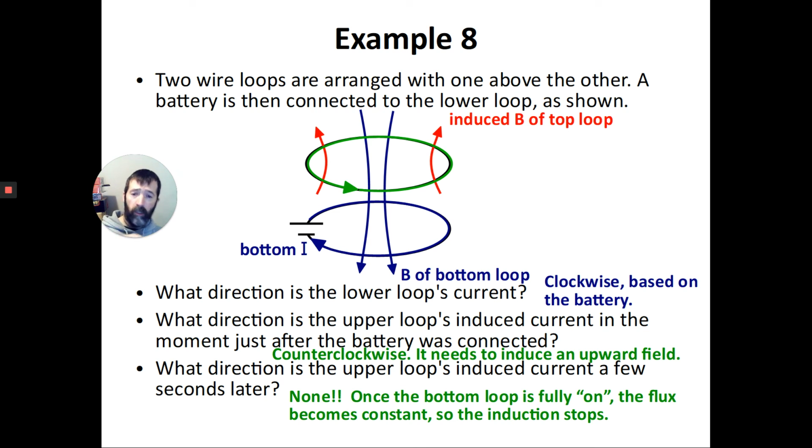So if there were an alternating current on the bottom loop instead of a battery, which makes a direct current, then the flux in the upper loop would be changing all the time. And I would have induced current in the upper loop all the time also, because the flux is changing all the time. So that allows you to basically transmit an alternating current from one loop to another, strictly through this electromagnetic effect.